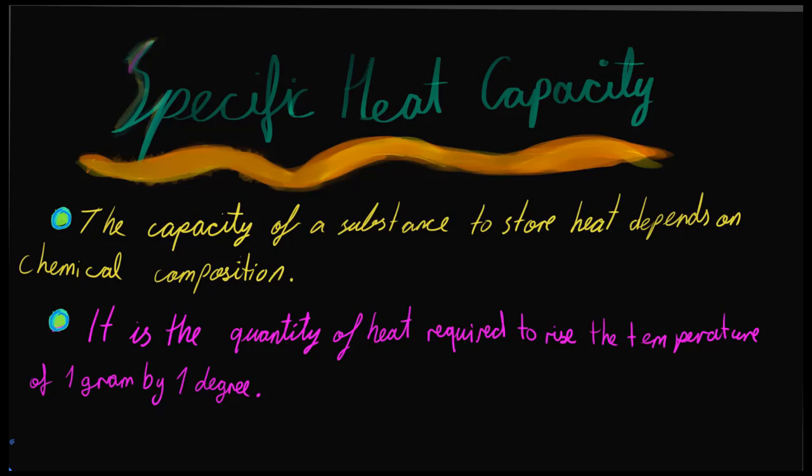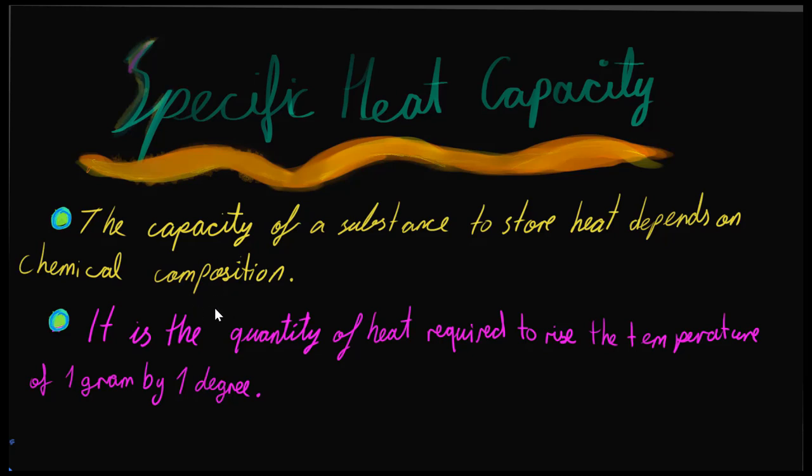In this part of the video, I'm gonna explain the specific heat capacity. The definition of specific heat capacity is the capacity of a substance to store heat, which depends on chemical composition.